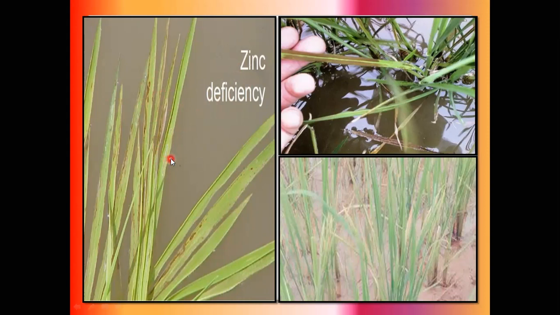These symptoms may be more pronounced during the early growth stage of rice because of zinc immobilization. Zinc immobilization is due to the increased bicarbonate concentration in the soil under strongly reducing conditions following flooding, meaning flooded water in the rice field.